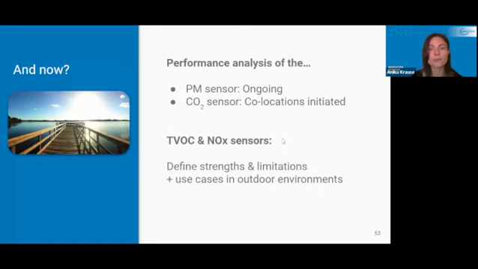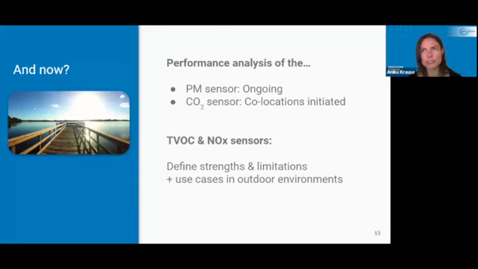And for the TVOC and the NOx sensors, we've also added them to the outdoor monitors now. And these are quite challenging pollutants to measure, just in general with low-cost monitors.